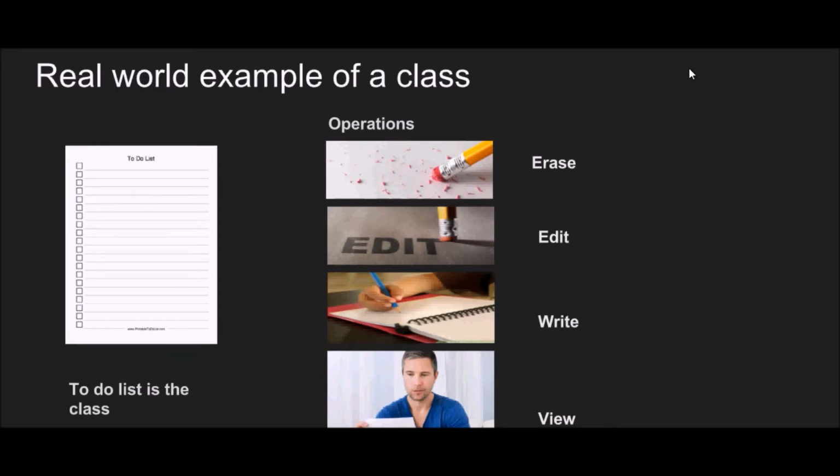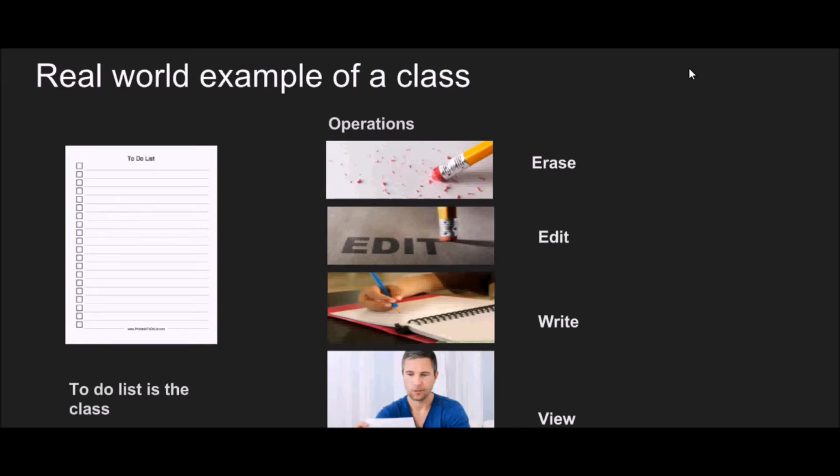If you take the real world example of a to-do list, some of the things you can do are write something, erase something, and let's say you made a spelling mistake, you can edit by erasing it.